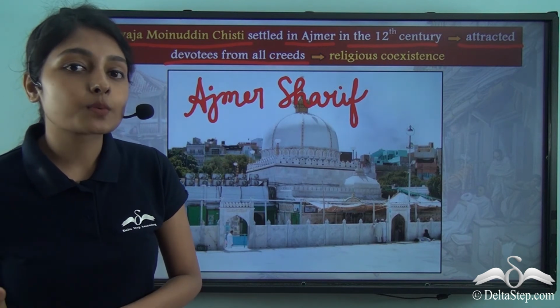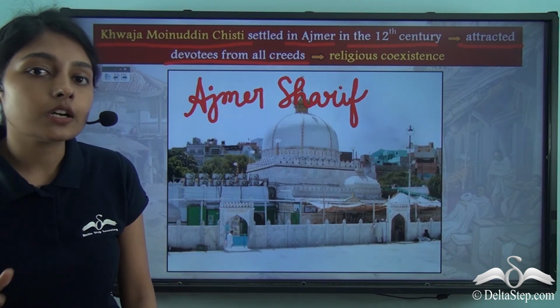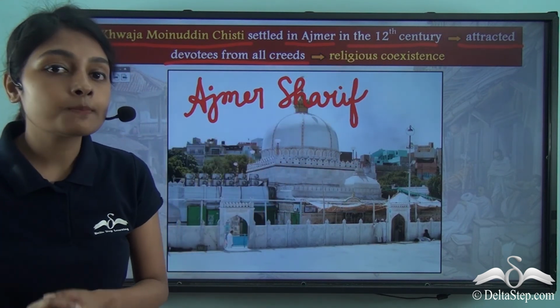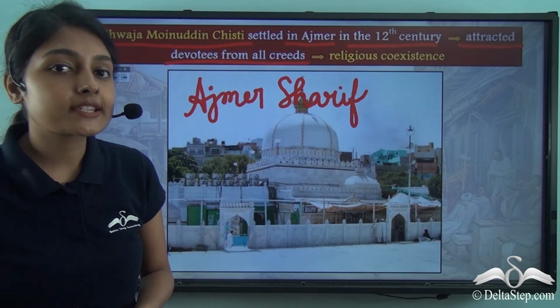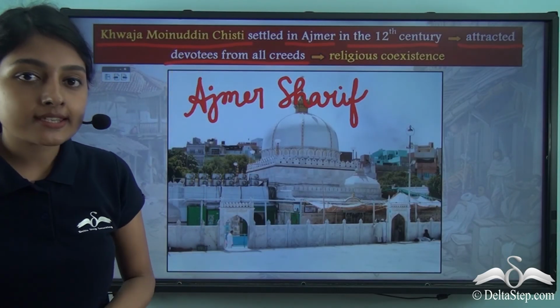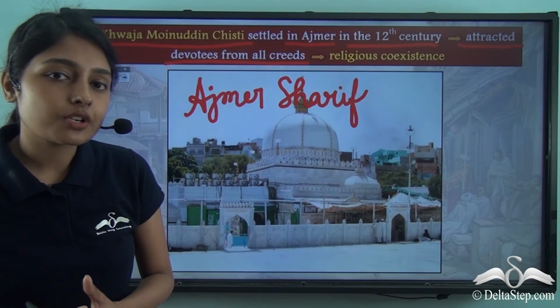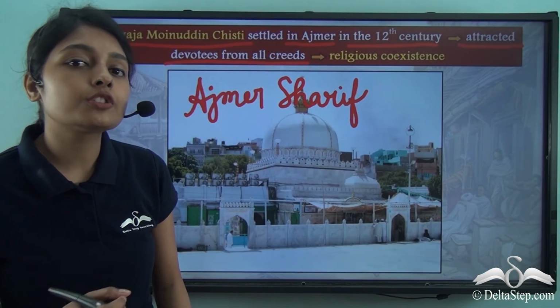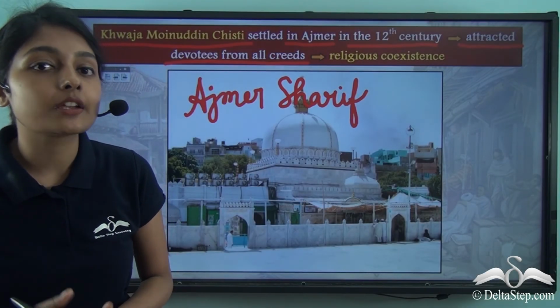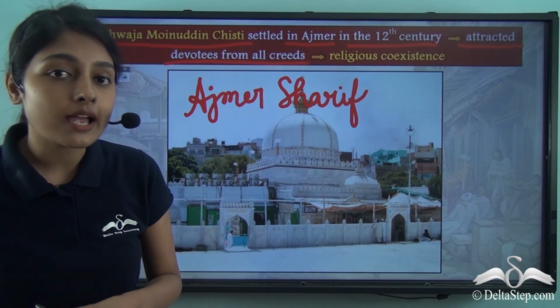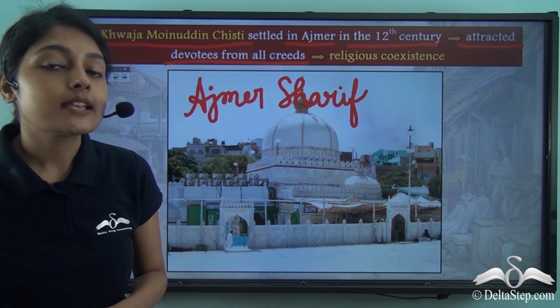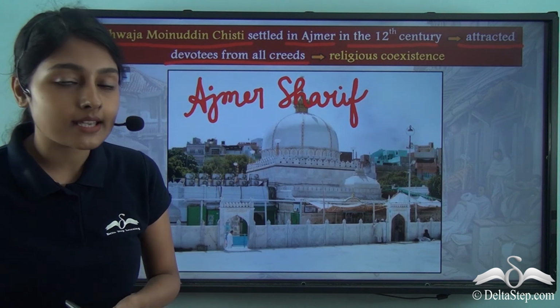Now these temples were Hindu temples, and here in the 12th century we come to Ajmer Sharif. And this shrine was made for the Sufi saint Khwaja Muinuddin Chishti. Now when we come to this shrine, we see that people from all religions are coming to pay their respects here. Now this is an instance of secularism in its true spirit, secularism in its truest essence.